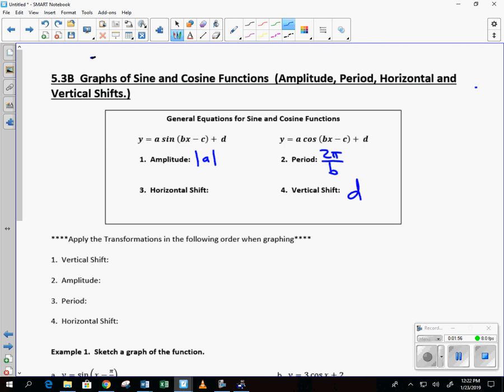It's that number on the end. That's pretty easy, right? And then if you want the horizontal shift, you take bx minus c, and you set it equal to 0. And you solve for x. Whatever you get, that tells you the horizontal shift. Piece of cake, upside down.